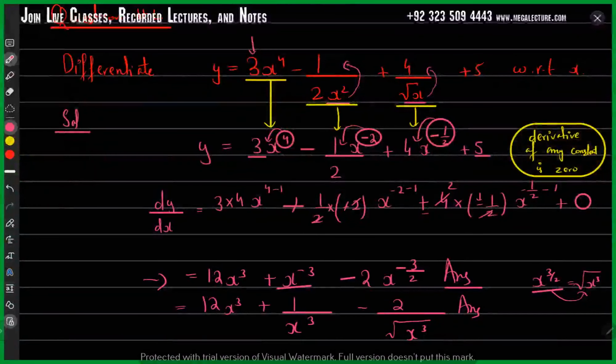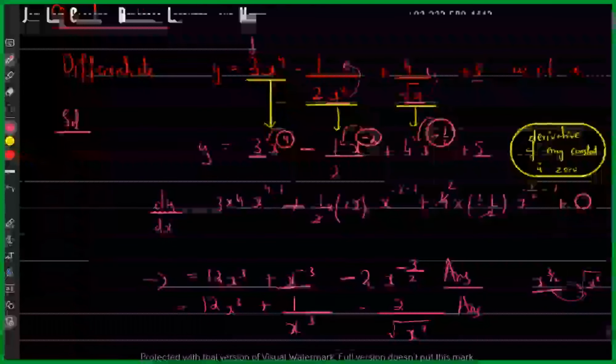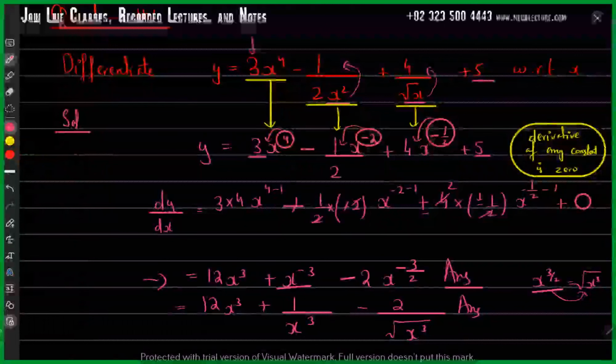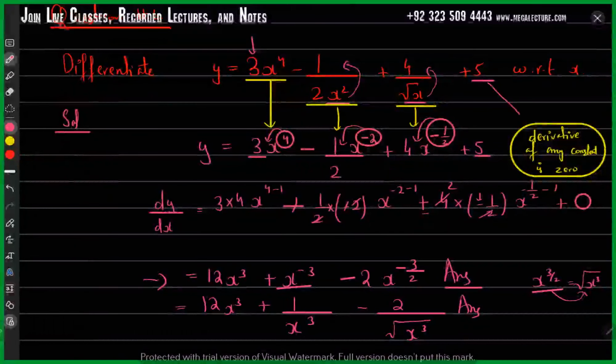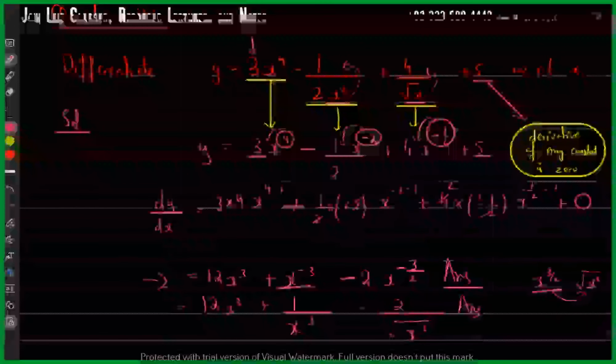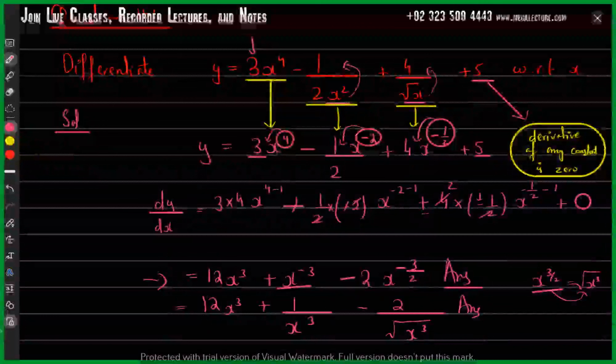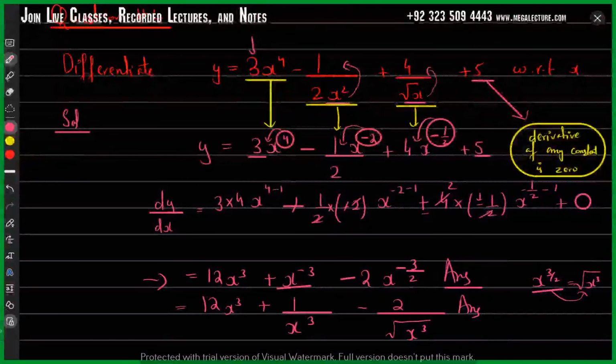That number has to be written as it is. If it's only a constant, the derivative of that is going to be 0. So these were some rules that we had to discuss.